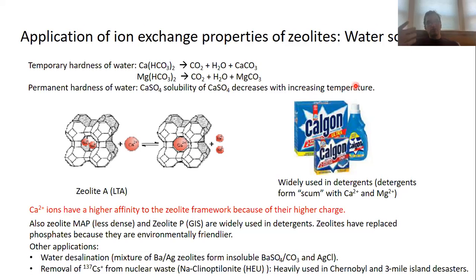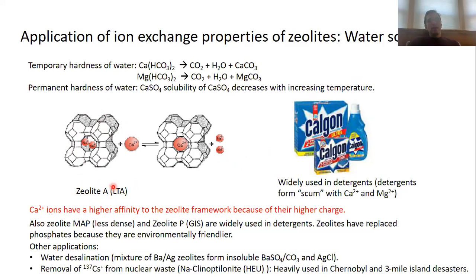So for these reasons, it's useful to soften the water, and you can use zeolites for that. And one zeolite which is commonly used for that application is the zeolite A, which has the LTA structure.